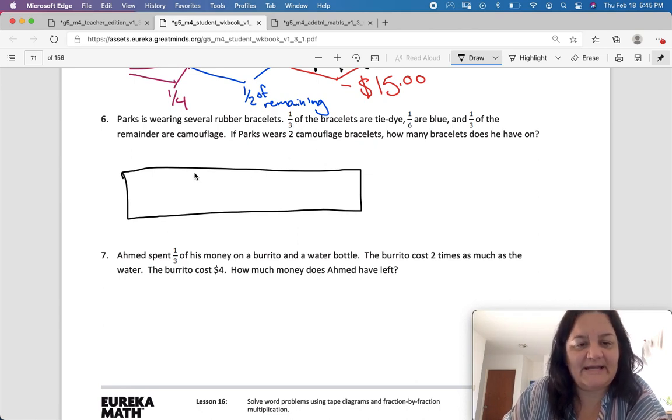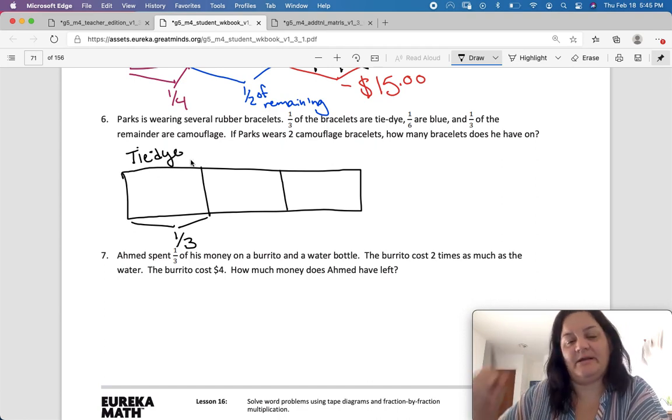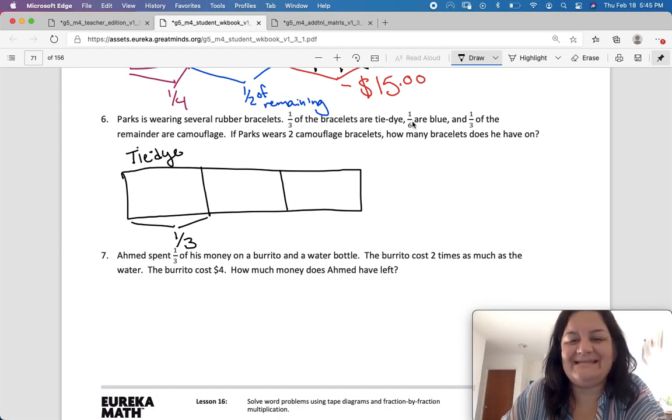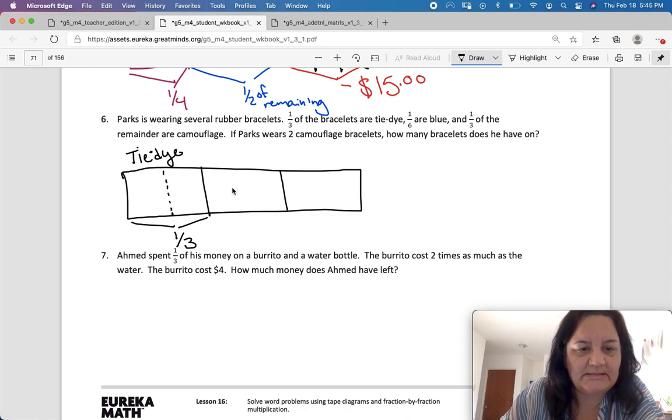1/3 of the bracelets are tie-dye. Okay, so here's 1/3, and those are tie-dye. If you don't know what tie-dye is, look up the word and I bet you'll be like, oh, I know what that is. 1/6 are blue. Uh-oh. Now I'm going to have to cut it into 6.